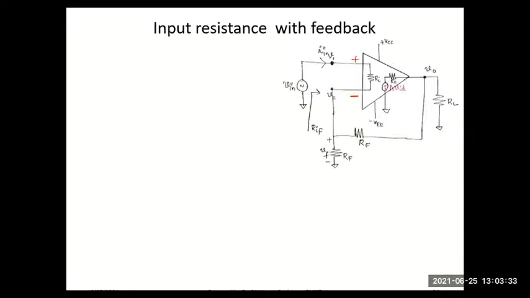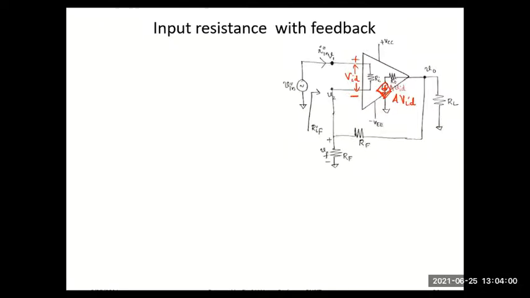And on the output side, the output voltage will depend on the input voltage through a dependent voltage source. Whenever I use Thevenin's equivalent, I should always use a dependent voltage source. And the value of that voltage will be A times VID, where VID represents the differential input signal between these two terminals, V1 minus V2.